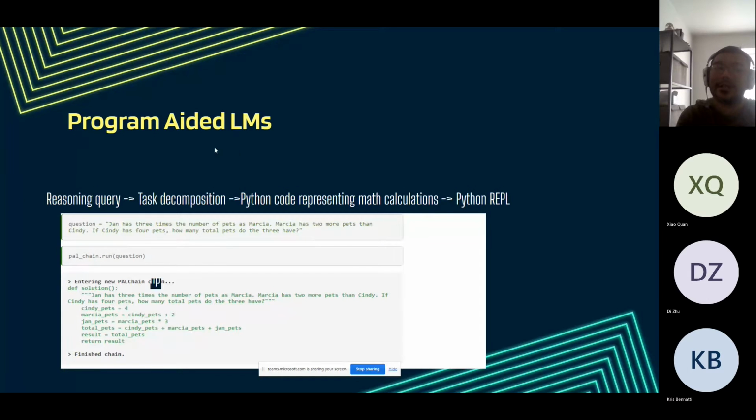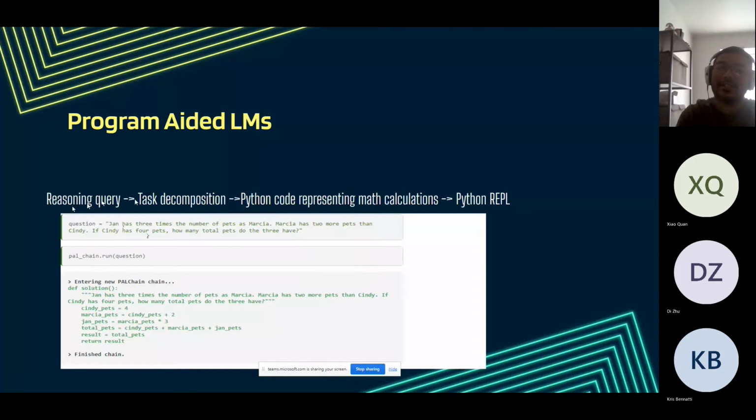There's the other exciting part called program-aided LMs, where you can solve reasoning-based queries. This is an example from the documentation. It uses a puzzle like this, which requires arithmetic and logical reasoning. What happens here is you do the task decomposition.